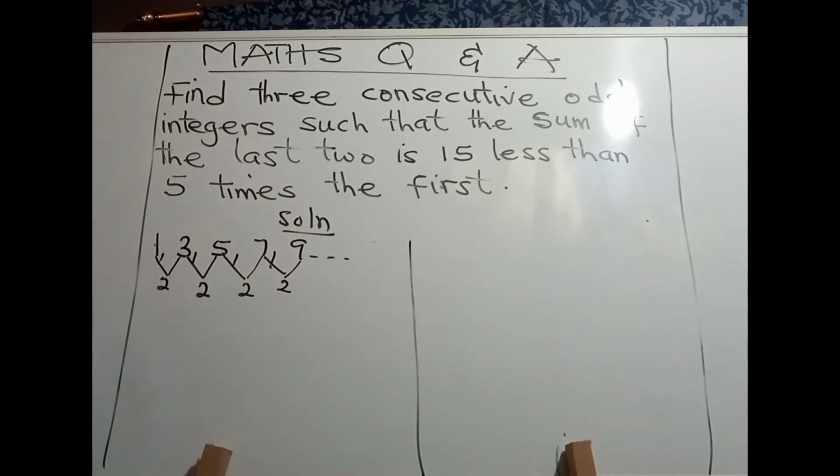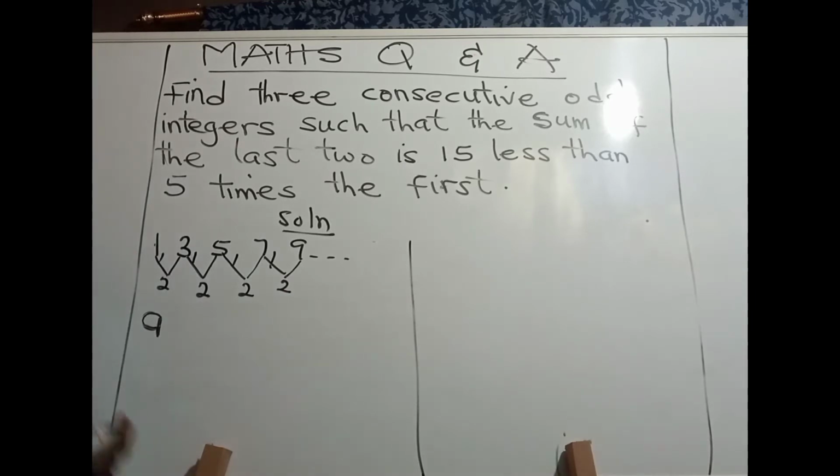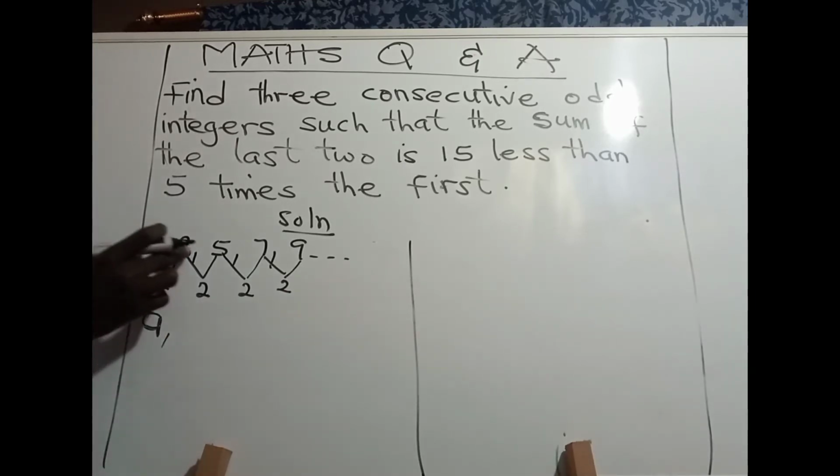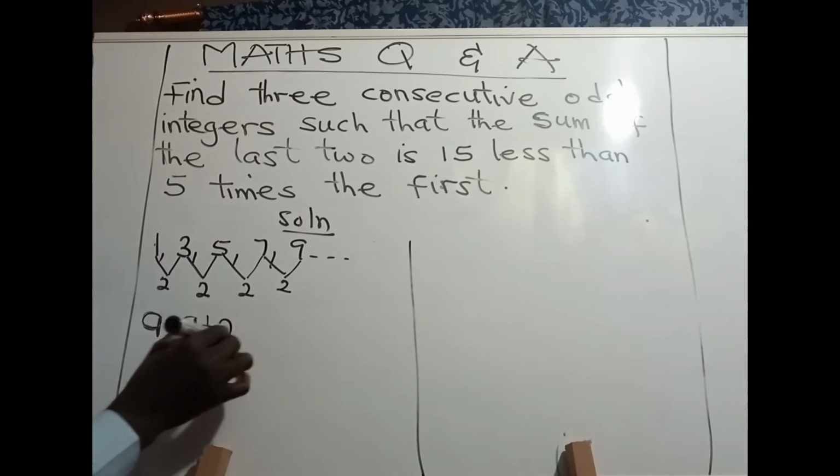2, 2, 2, right? Okay, so if we take our first odd integer to be a, the next odd integer will be what? We added 2 to 1 to get the second odd integer, so we will add 2 to a to get our next odd integer, right?